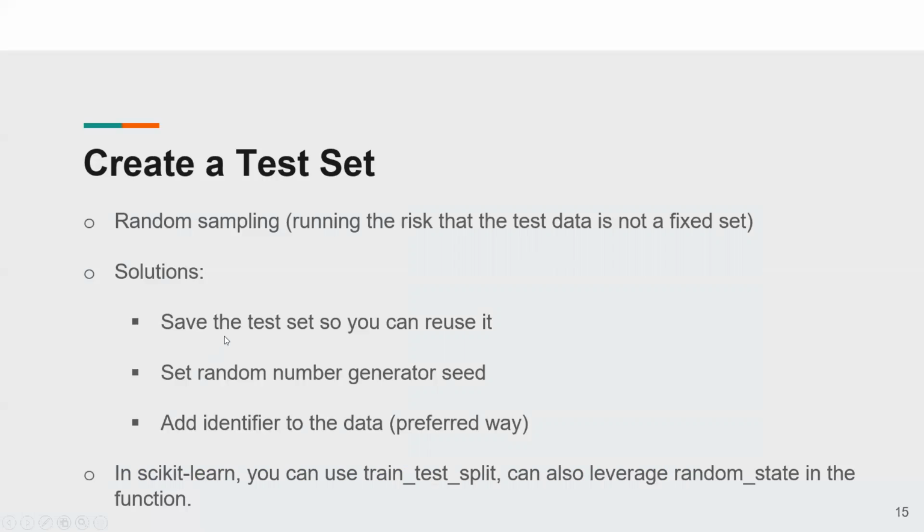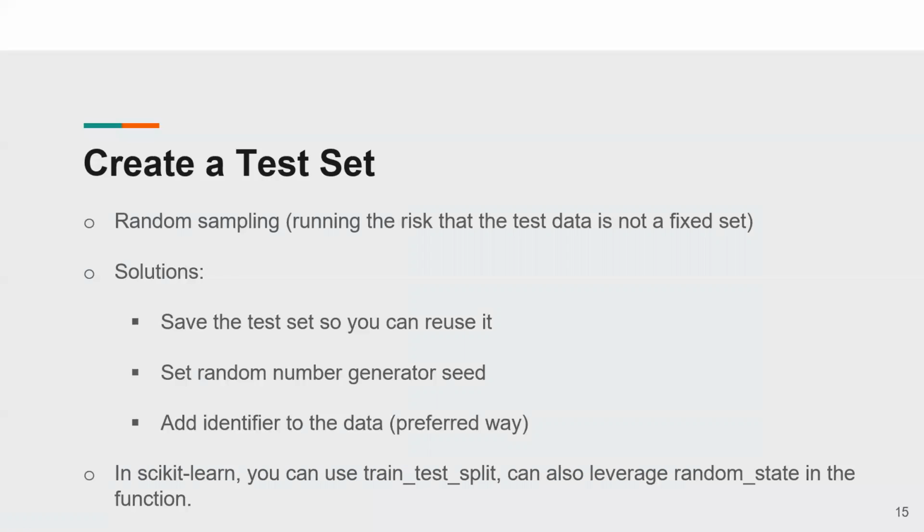Number one, you can save the test data, you can reuse it. Number two, you could set a random number generator seed to help you fix the random sampling sequence, so that next time when you come back, you pick the same set of samples. The third approach would be to add an identifier to the data, just like an index, so that you know which one is picked.